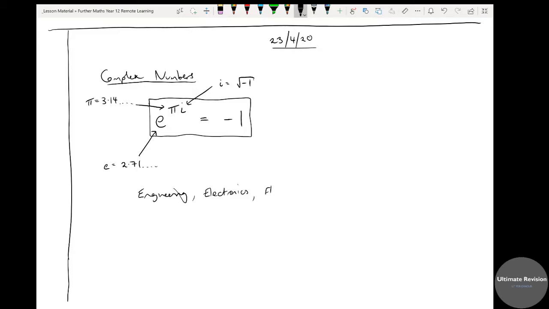It comes up in fluid design and fluid mechanics. It's used a lot in functions for when you're considering flow rates or anything that's sort of waves. So electronic circuits, they're sort of in waves. And this formula above, that specifically may not be used, but the principles behind it are used.